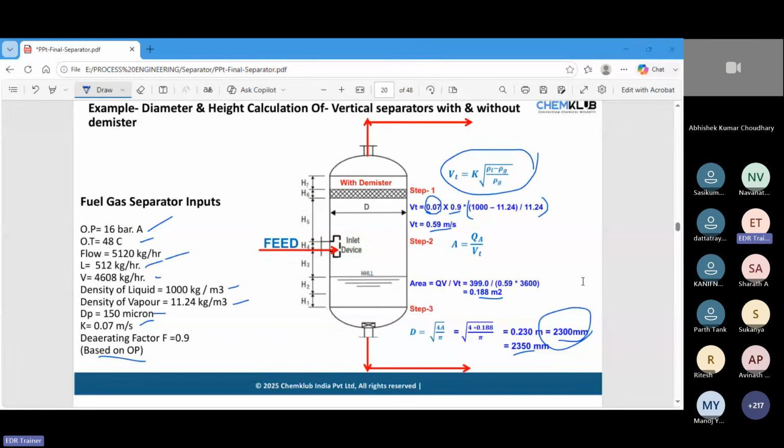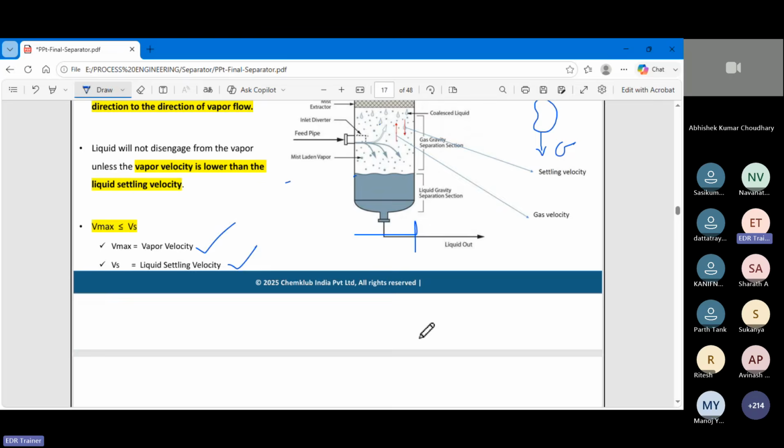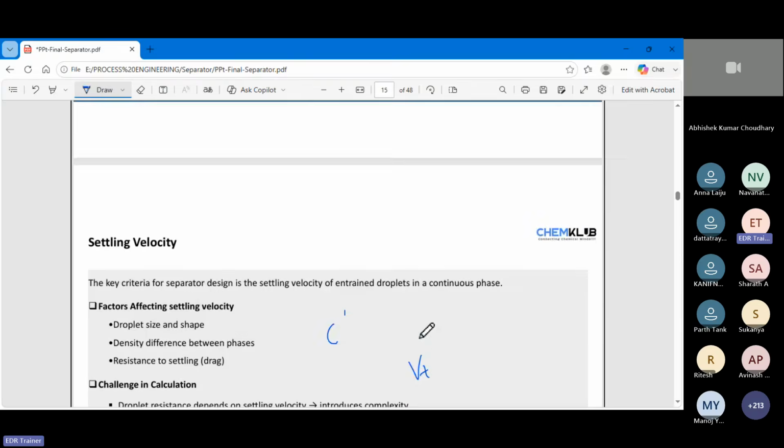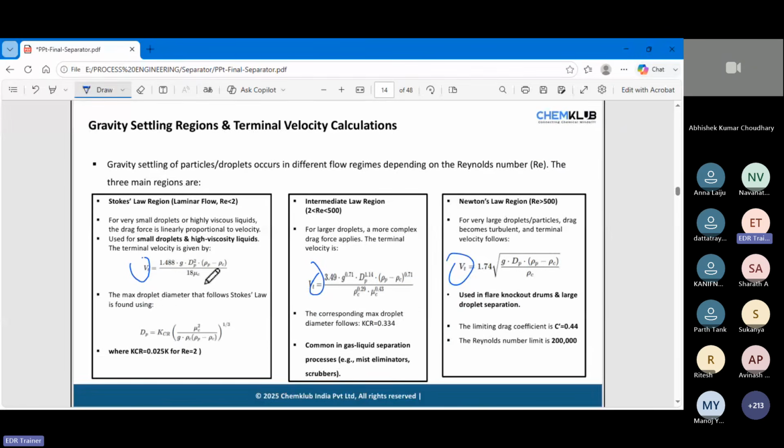If I don't know the particle diameter, how can I find the K value? Look, as I told you, if you don't have a K value, how can you find the diameter of particles? I have explained the process for the diameter of particle. First, you need to calculate the terminal settling velocity.